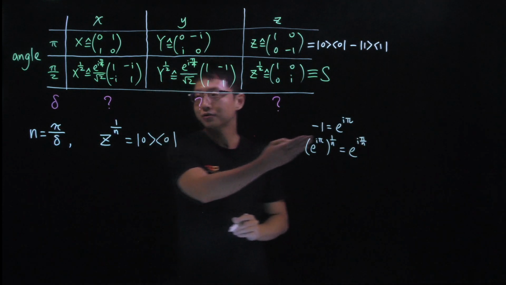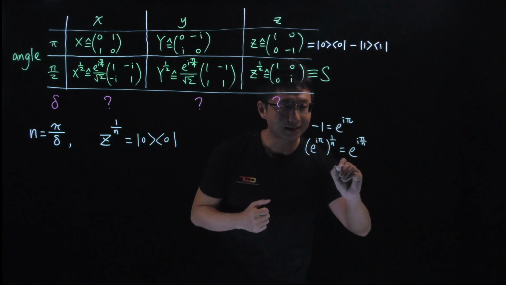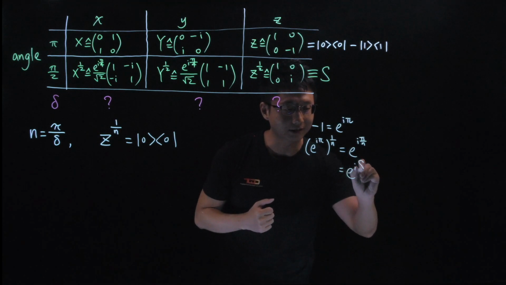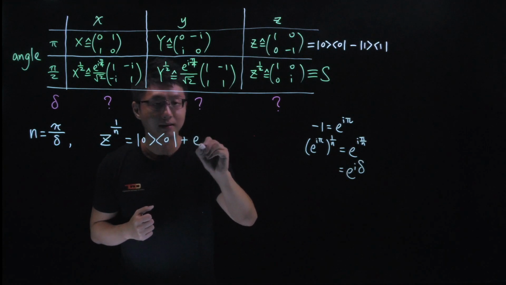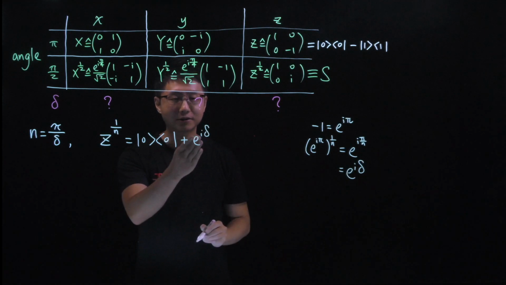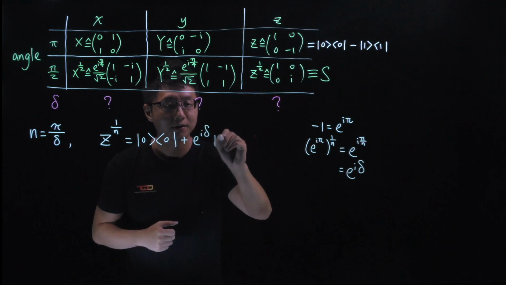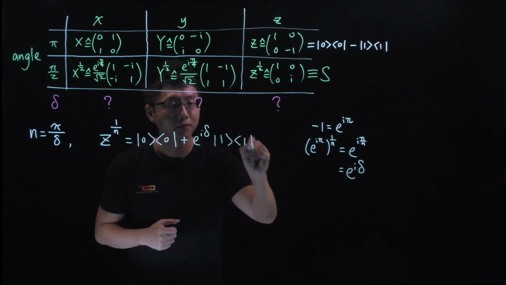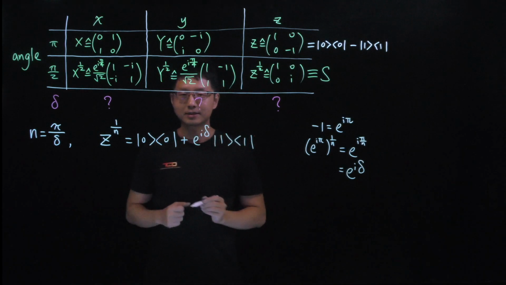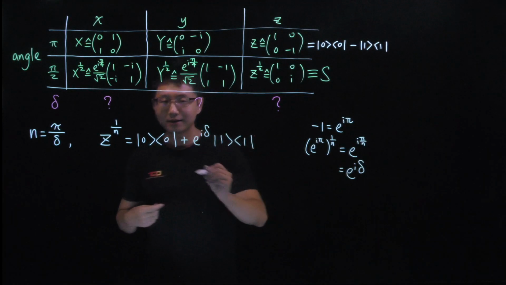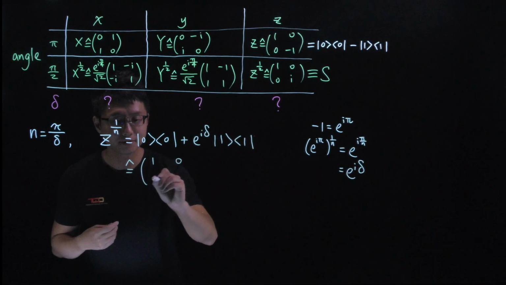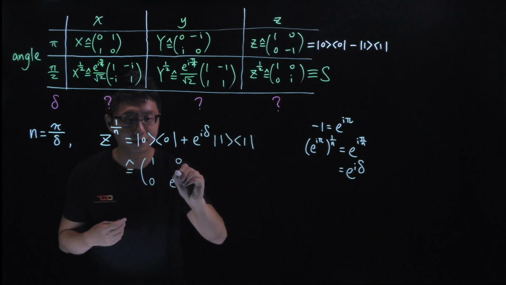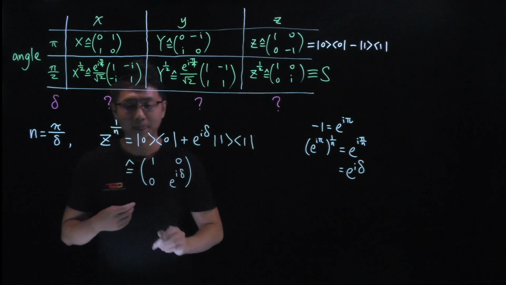Substituting n equals pi over delta here, this gives us e to the power of i delta. So this is the other term over here. We have e to the power of i delta with the projector onto the 1 eigenstate. In terms of matrix representation, this could be written as 1, 0, 0, e to the power of i delta.